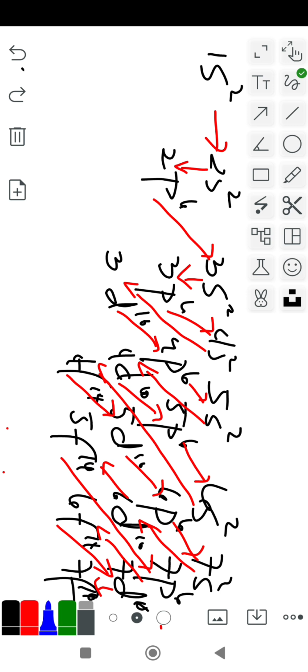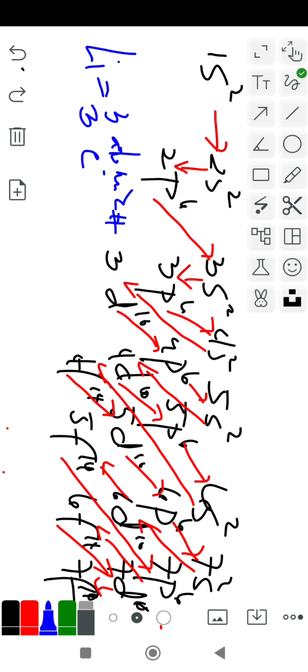Now, let's have a simple example. Let's have lithium. Lithium has an atomic number of three, therefore it also has three electrons. To get the electronic configuration, we just follow this pattern. The first one is 1s2.